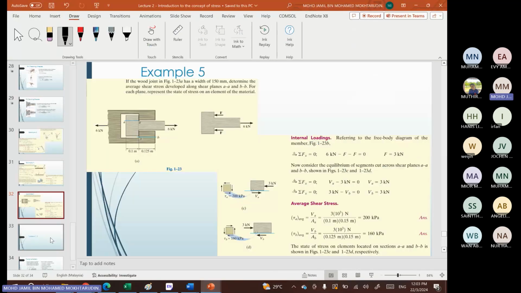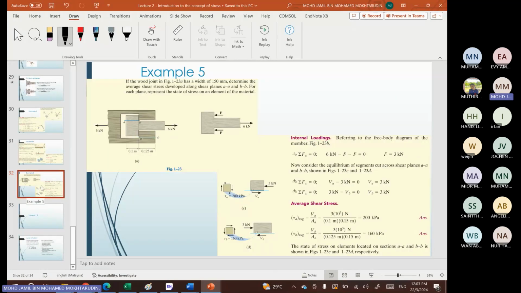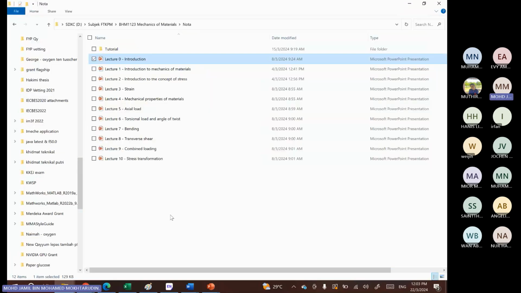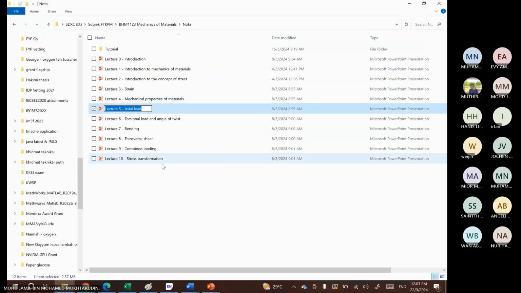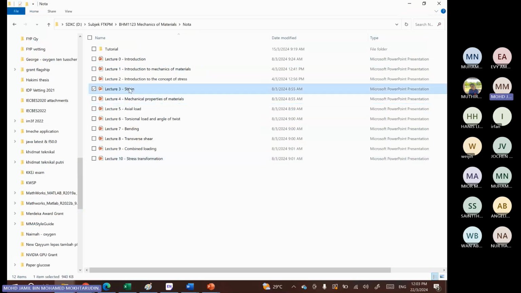So we have lecture 5, just this slide. And then actually I want to teach next week about axial load. Because strain is also important, but not so important. Maybe we can go to axial load, and then we can do test 1 in week 5. So we are now in week 4.